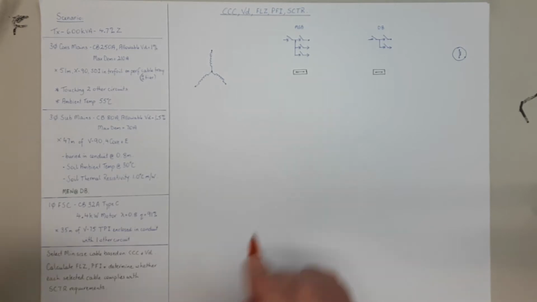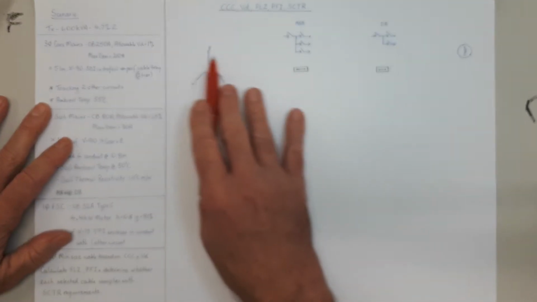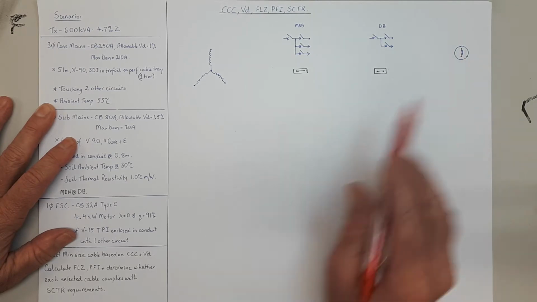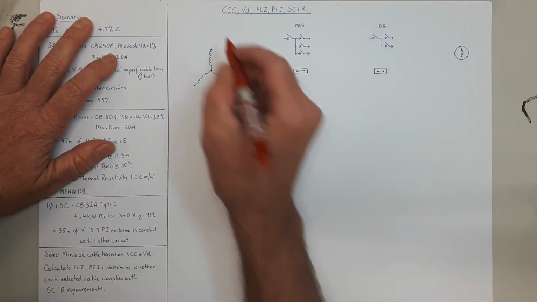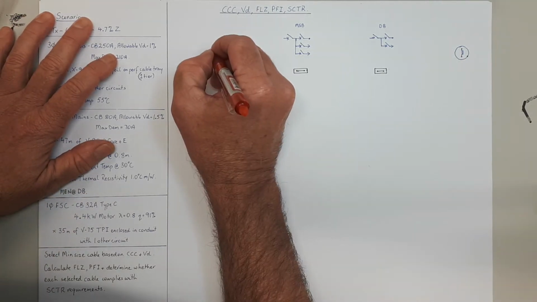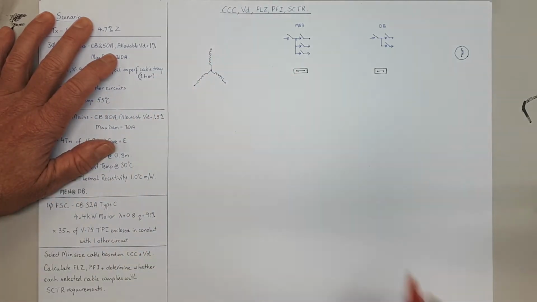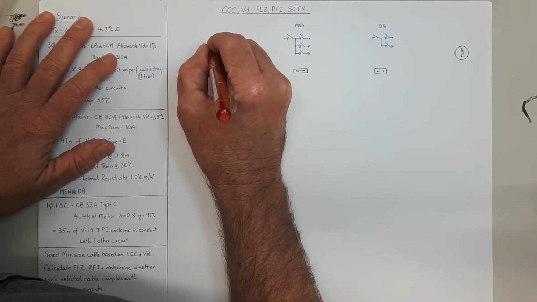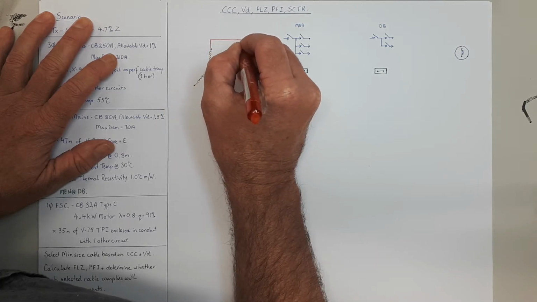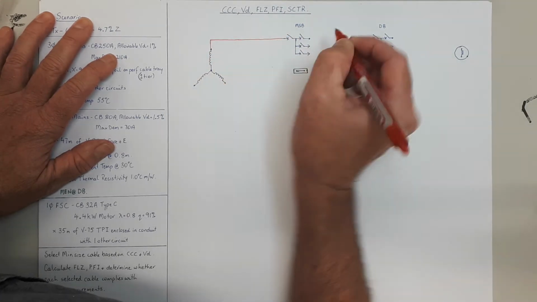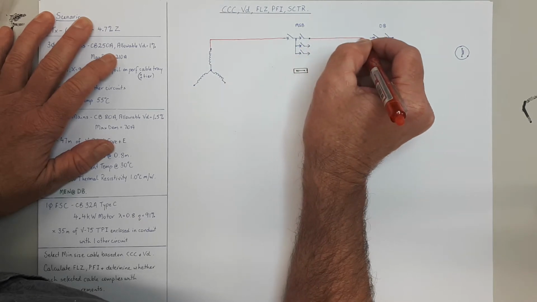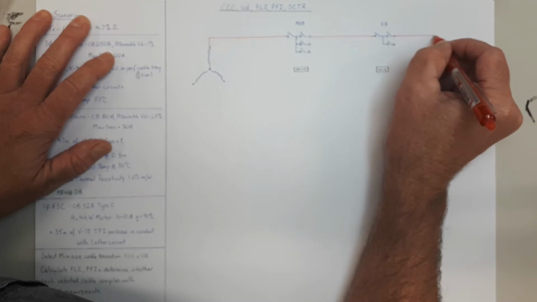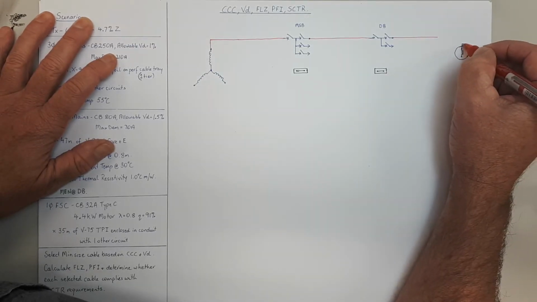So we'll start. I've got the main switchboard here, which is being fed from a transformer. Then I've got the DB, then I've got the motor there, and so we'll connect it all up, just so we can see the circuit and how it all works. So we've got our cons mains coming down there, and our sub main to there, and our final sub circuit active.